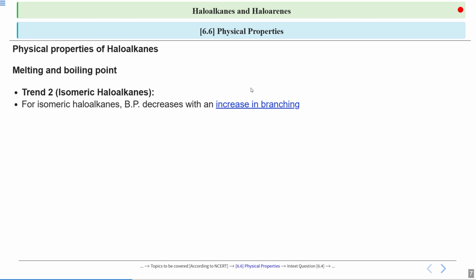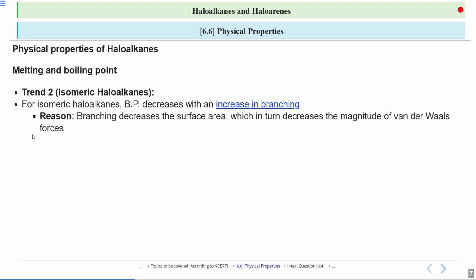Okay, so as the branching is increased in the chain, that means if you are putting more and more substituents into your chain and decreasing the size of the chain, then your boiling point will also decrease. Why? What is the reason?